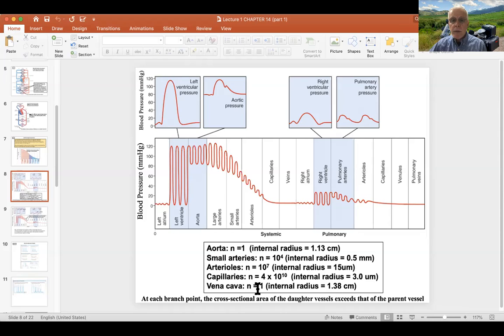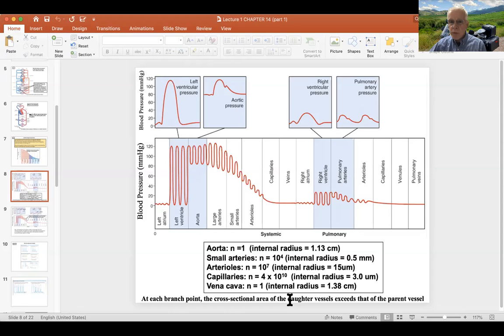Capillaries, I can see here I've got continued branching. I've gone from a single tube, 10 to the 4th for the arteries, 10 to the 7th for the really small arteries, arterioles, 10 to the 10th for the capillaries. So I took the time to type this out because when you have a tube which branches into a greater number of tubes downstream, although the diameters decrease, the cross-sectional area, as we'll see shortly, increases.